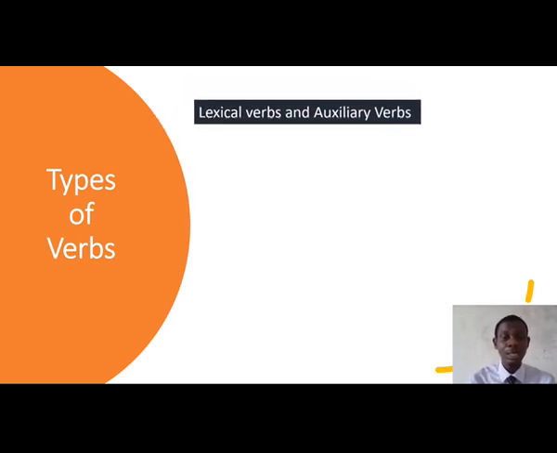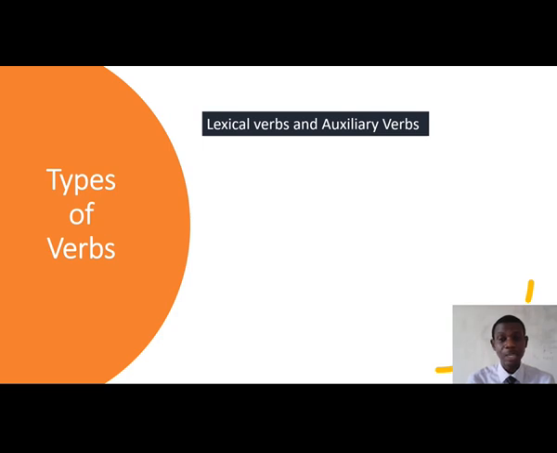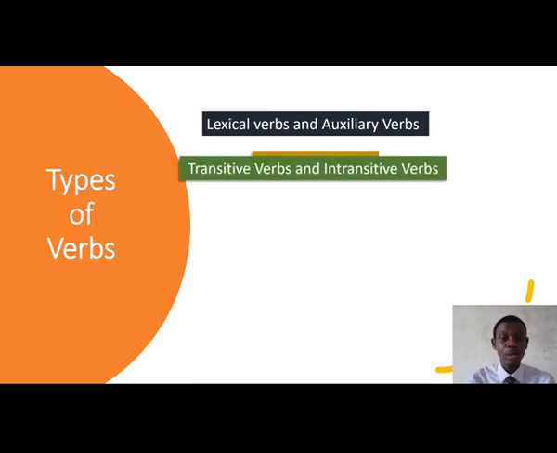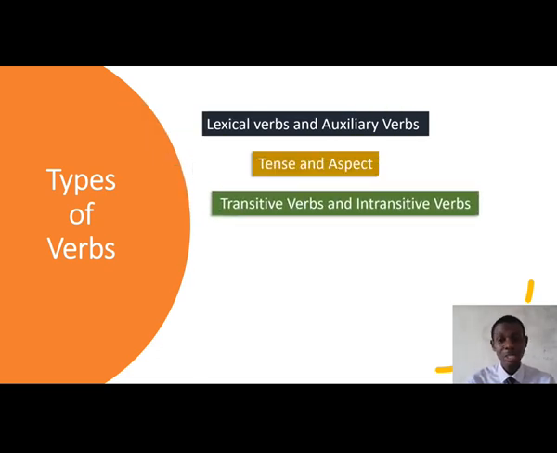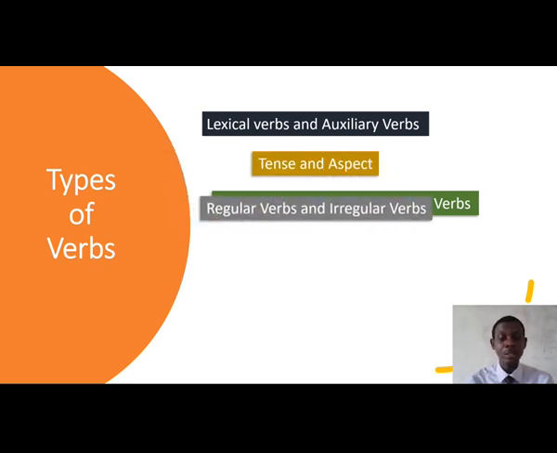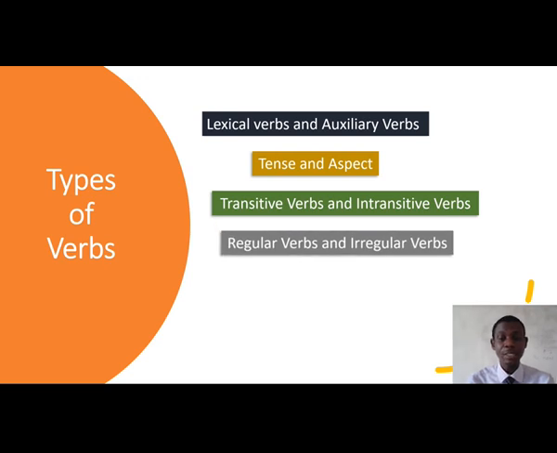You can have it as lexical verbs and auxiliary verbs, based on the main verb and the helping verb. You can also have it as tense and aspect, based on whether it's responding to time or not. We can also have it as transitive verbs and intransitive verbs, based on whether it has an object after it or not. Then it can be categorized into regular verbs and irregular verbs.